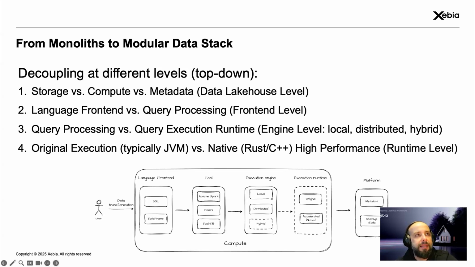And we can observe that at different levels. Going from top to down, we can observe that this decoupling is at a very high level, in the data lakehouse architecture.